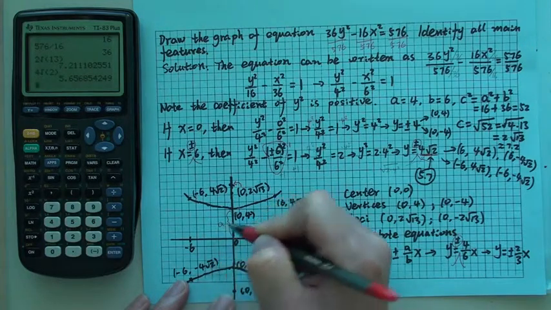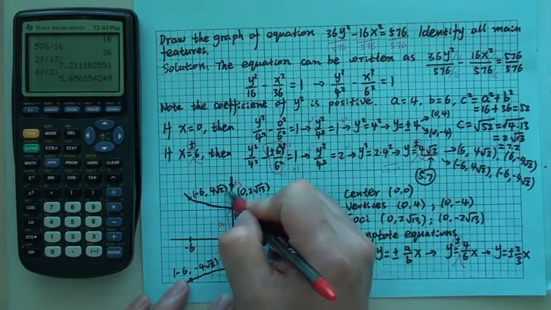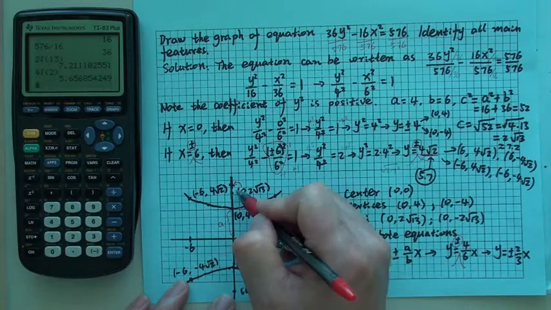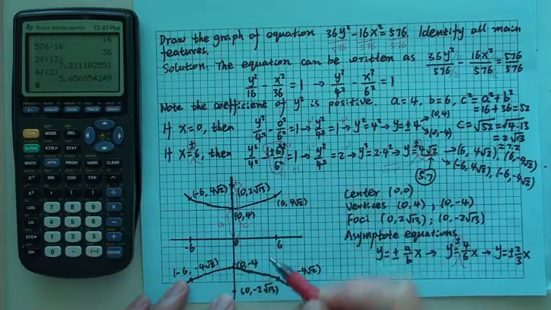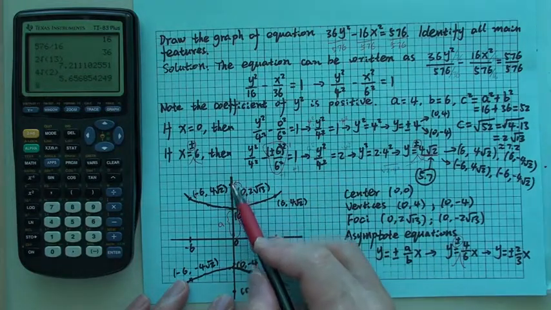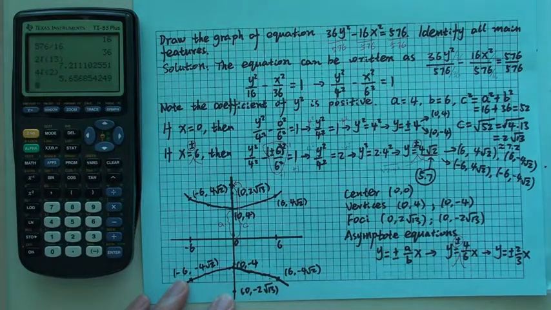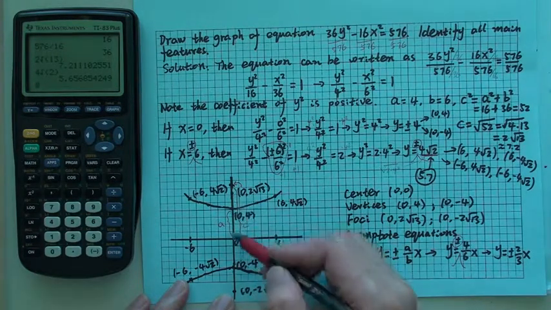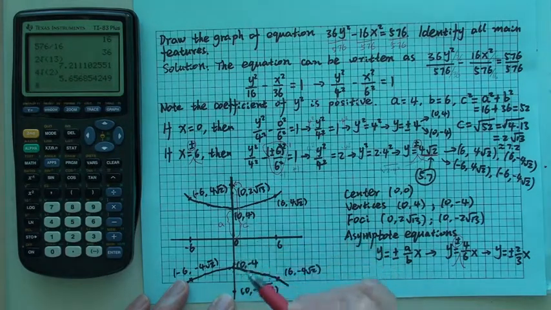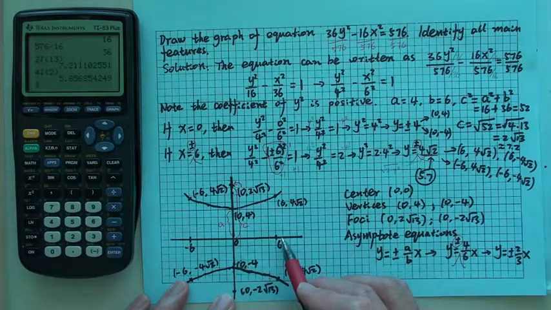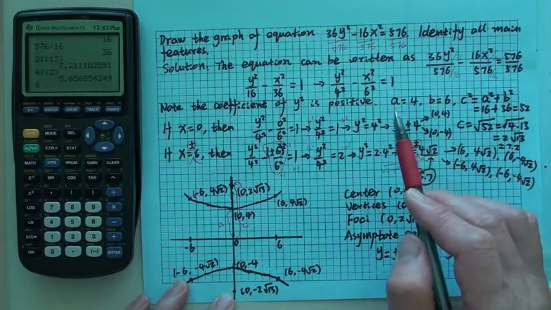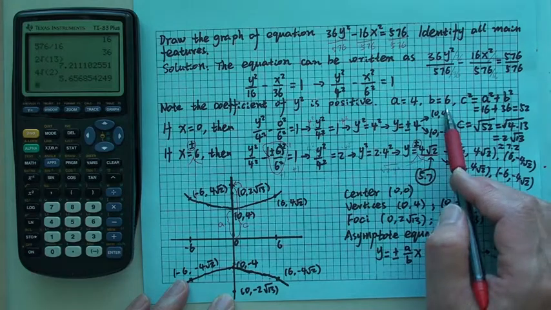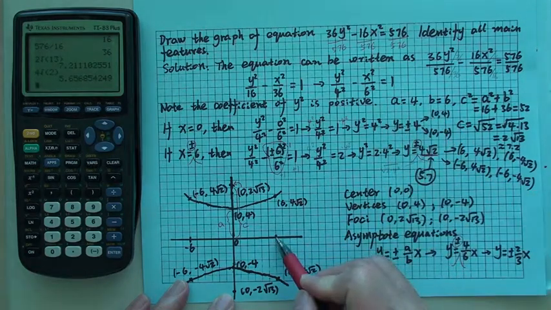This is your a, and then from here to here is your c. a and c are always on the same axis. Remember that. And then b will be different. b is 6. So it's here.